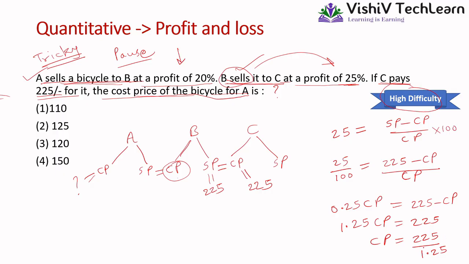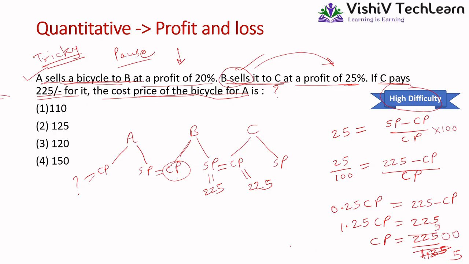Now this we can simplify. First we will remove the decimal. If we add 2 zeros, this decimal will get removed. So it will be 22500 upon 125. If we divide by 25 itself, 25 4s are 100, 25 5s are 125, and 25 8s are 200, 25 9s are 225.